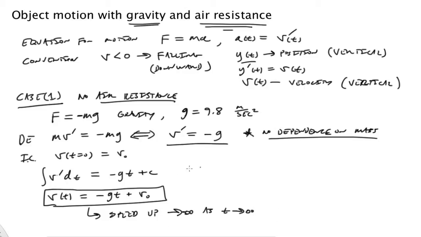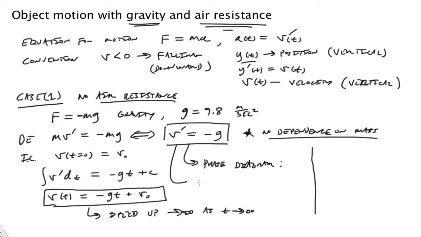We can also analyze this equation a little bit more in terms of a phase diagram. The phase diagram is pretty straightforward. I'm going to make my phase diagram, and the idea here is we want to look for points where v prime is equal to 0, and we clearly see there are no such points.